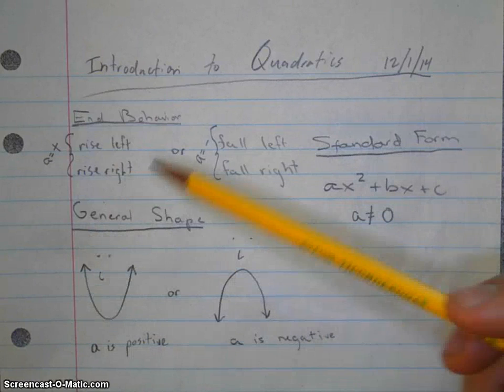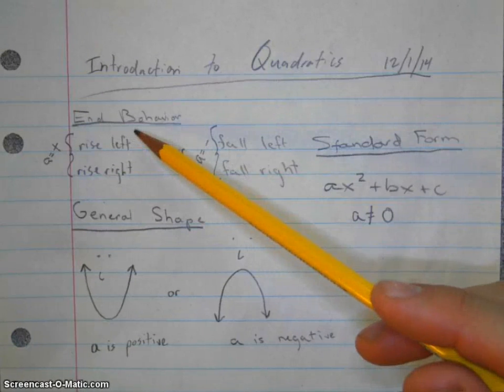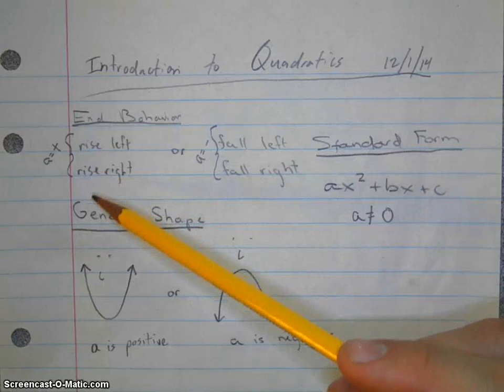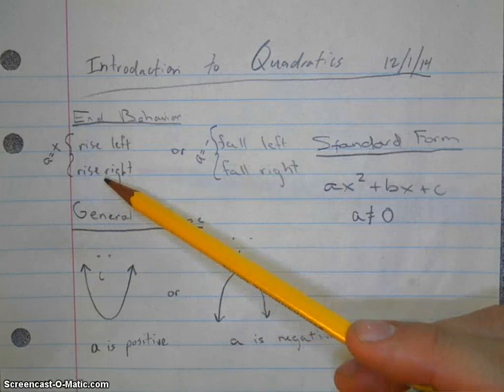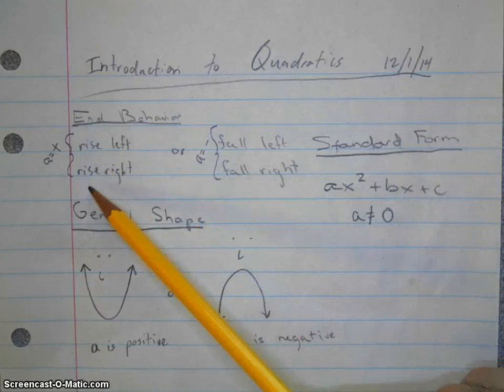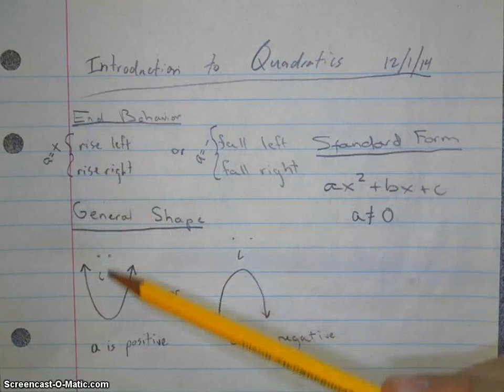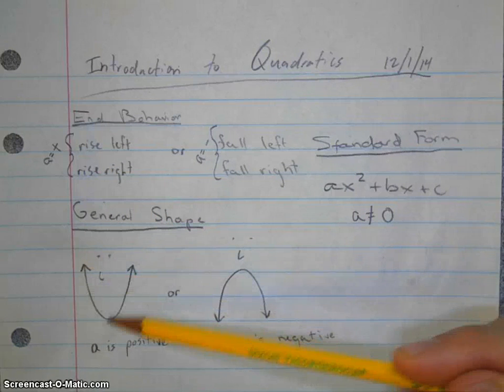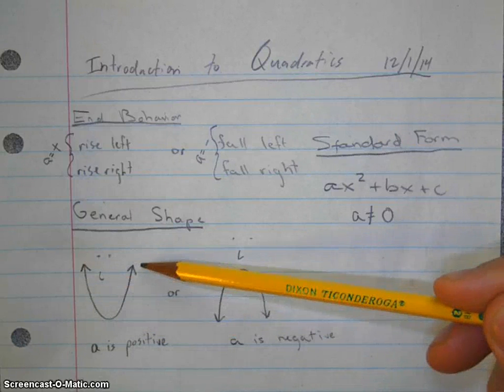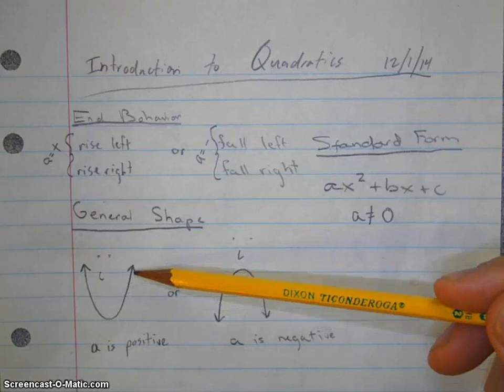And from there we started also talking about the end behavior of our quadratics. When x squared is positive, we're going to have a rise to the left and a rise to the right. And as you can see in the general shape, the parabola rises to the left and rises to the right when x squared is positive.